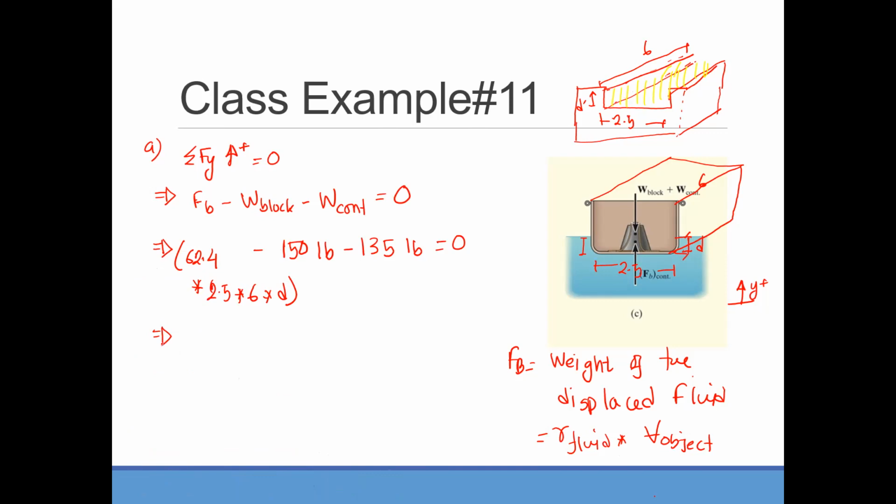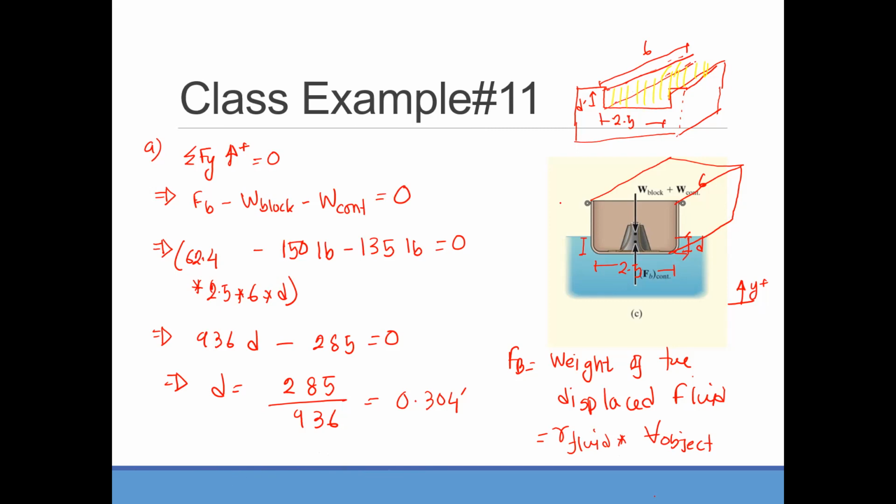If I do the calculation properly, 62.4 multiplied by 2.5 times 6 gives 936d, minus 150 plus 135, so 285 equals 0. So d equals 285 over 936, which is 0.30.